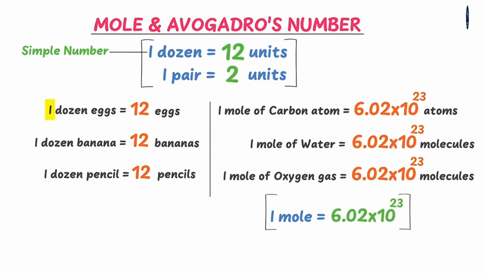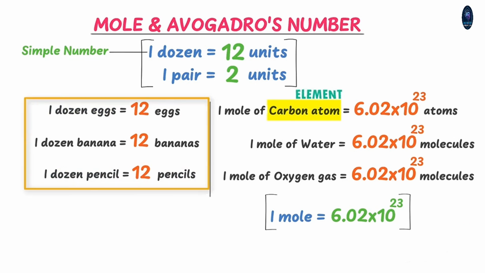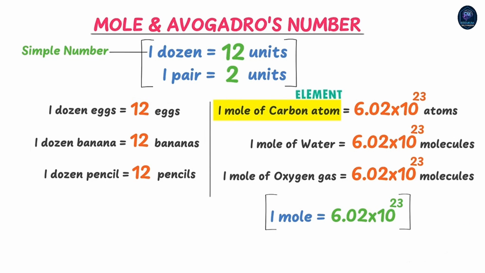When you talk about a dozen eggs, you write here 12 eggs. You can say that 1 dozen pencils contains 12 pencils. Similarly, carbon is an element. It is made up of many atoms, but just like a dozen, if you take 1 mole of carbon element, it contains 6.02 times 10 to the 23 atoms of carbon.